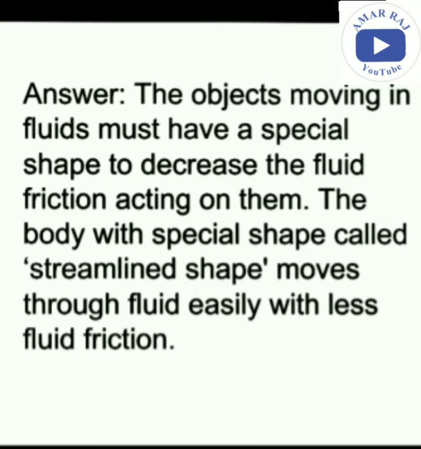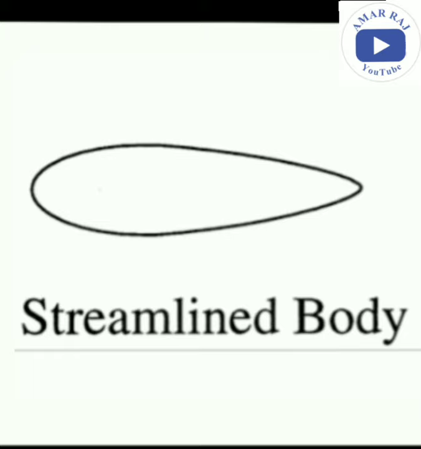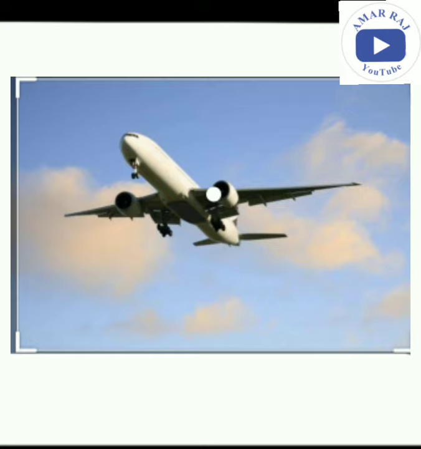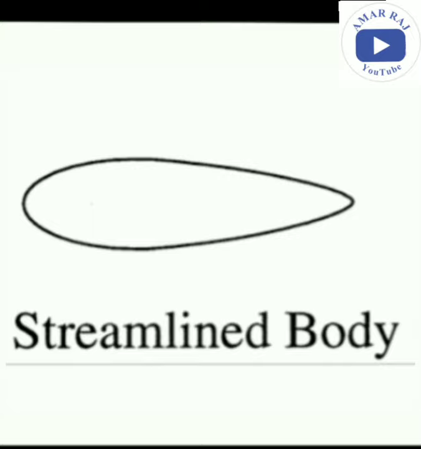Because to decrease the fluid friction acting on them, a body with a special shape called streamlined shape moves through the fluid easily with less fluid friction. That is, a streamlined shape helps the objects move easily through the fluid. So a special shape is given to the object.